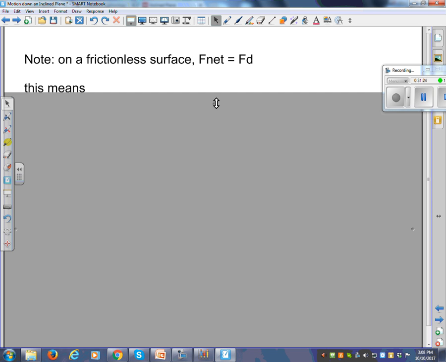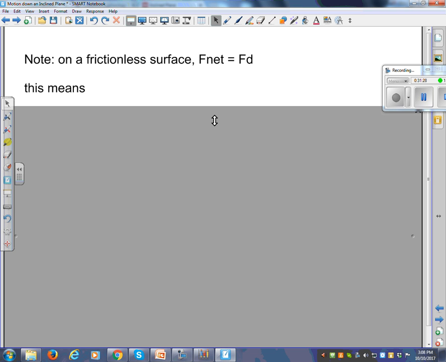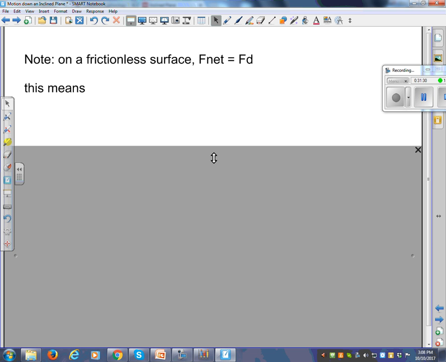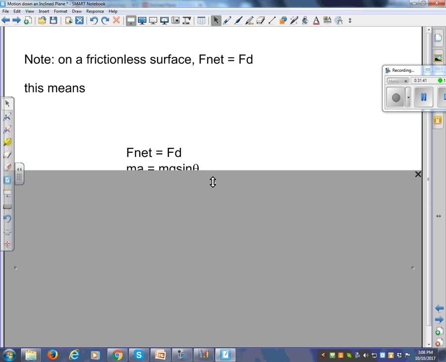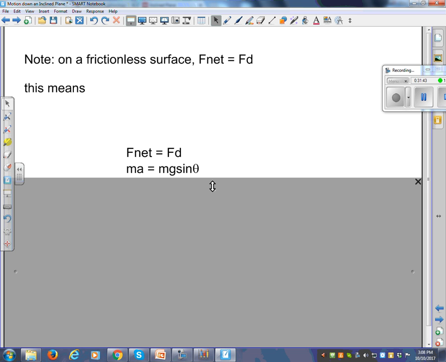On a frictionless surface, is it true that FNet is equal to FD? Yes. So FNet is equal to MA, but FD is equal to mg sine theta.